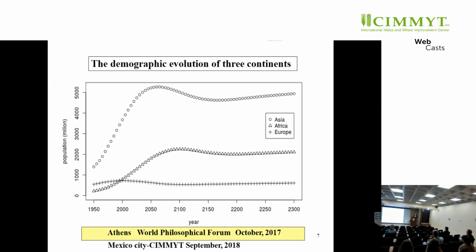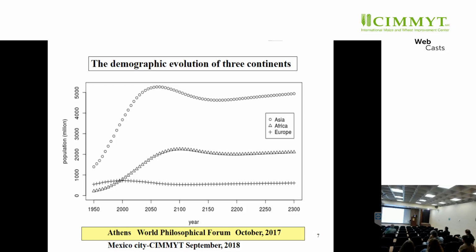Second part, after climate classification: demography. These are data and curves from 1950 to 2300. These are data from the United Nations, so I can discuss them. There are other discussions now, but anyway.